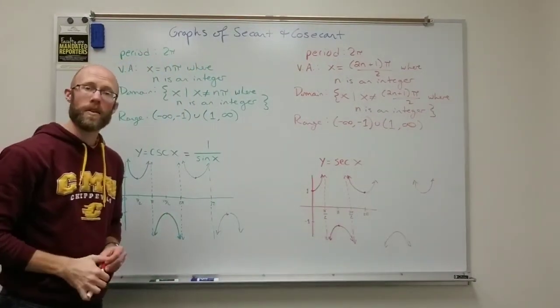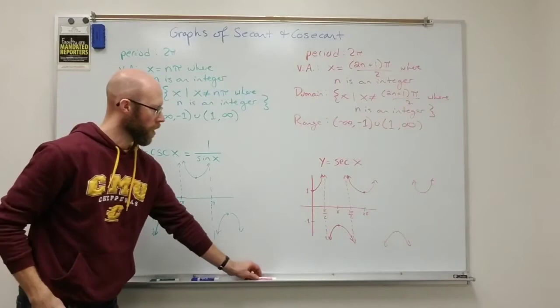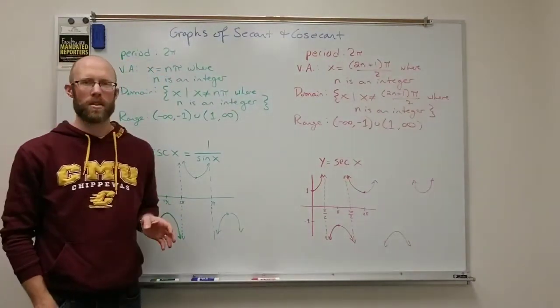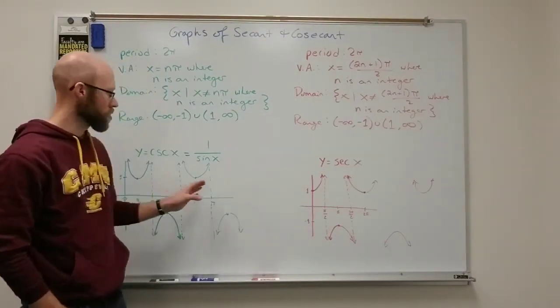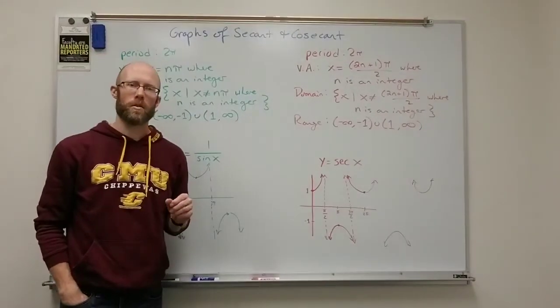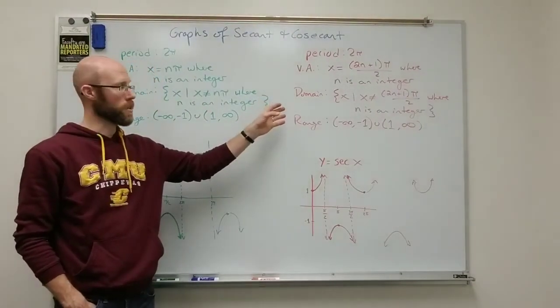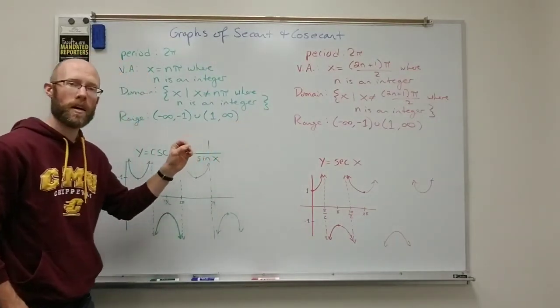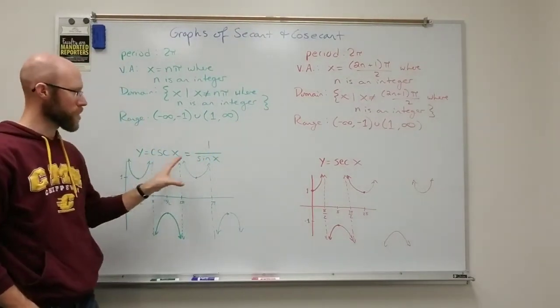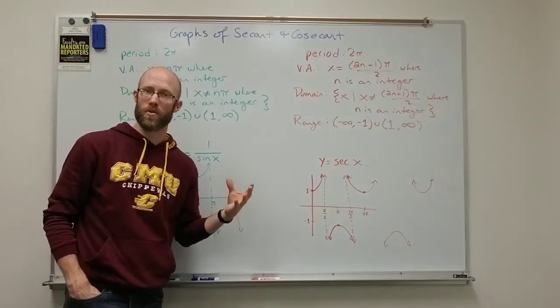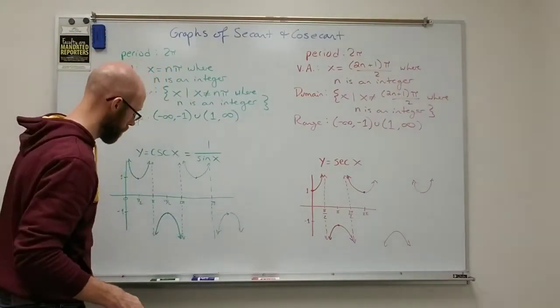Now, something that's kind of interesting, a way that I like to graph the cosecant and the secant is actually to plot the graph of the corresponding sine or cosine function, and then just draw the cosecant and secant in after that. It gives you kind of a clue as to what you're looking for.